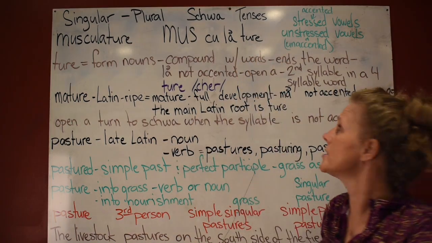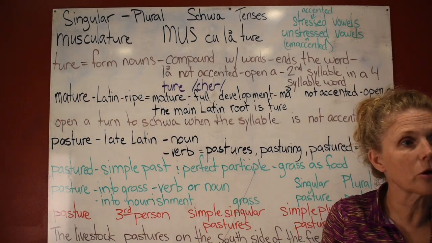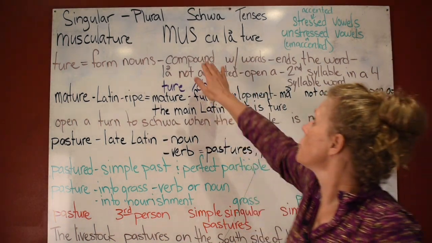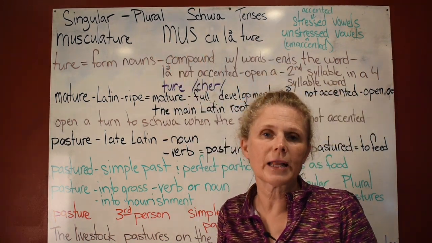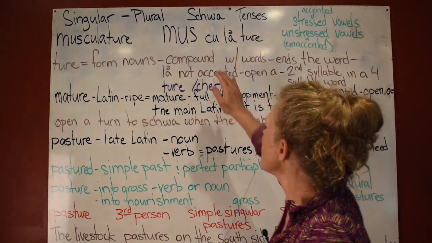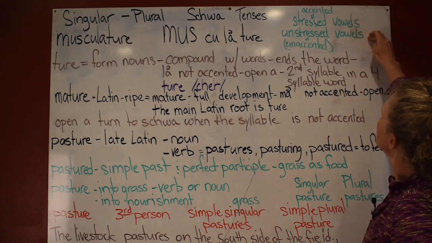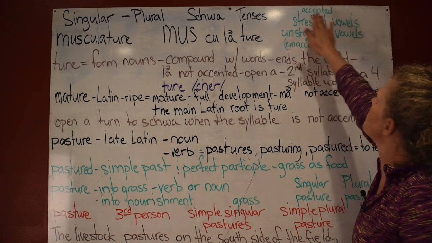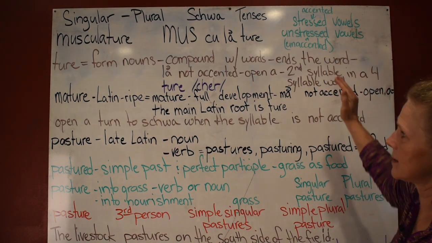Say that word for me. Well, you say it. Musculature. Now, this is supposed to sound a little bit longer and a little bit louder. Musculature. So that's how you would say that, with just that a little bit longer and a little bit louder. When you're used to just speaking, it just kind of naturally happens and you can't really hear it as much unless you slow it down. But this is important when you're reading: what are stressed vowels and what are unstressed vowels? It's understanding the ones that are accented and unaccented.